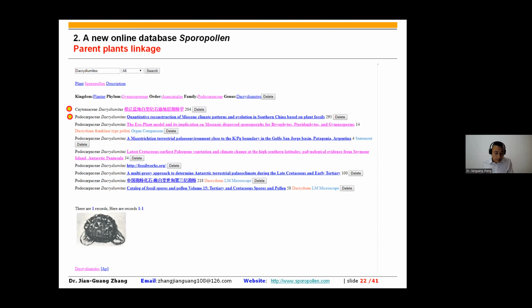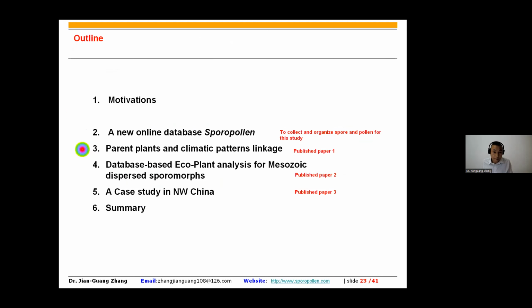For most of the Mesozoic dispersed spores and pollen, their affinities are either uncertain or debated. We have to systematically review them to get rid of the debate and link them to their closest parent plants. But to do this is not an easy way. This will be discussed in part 2.